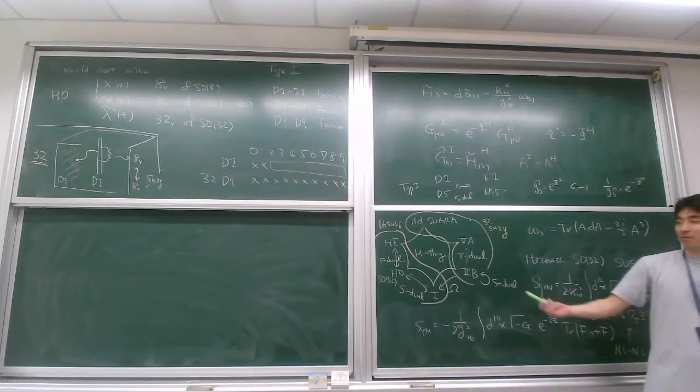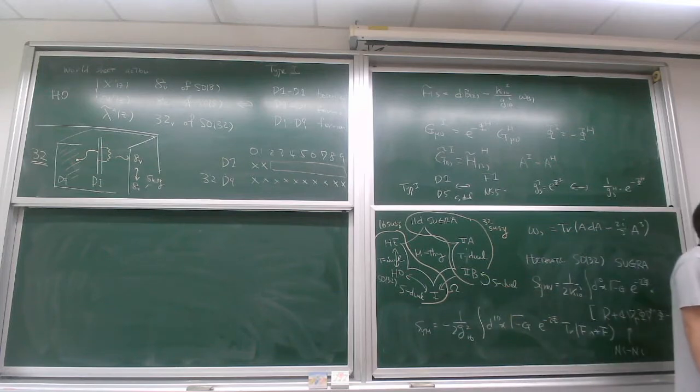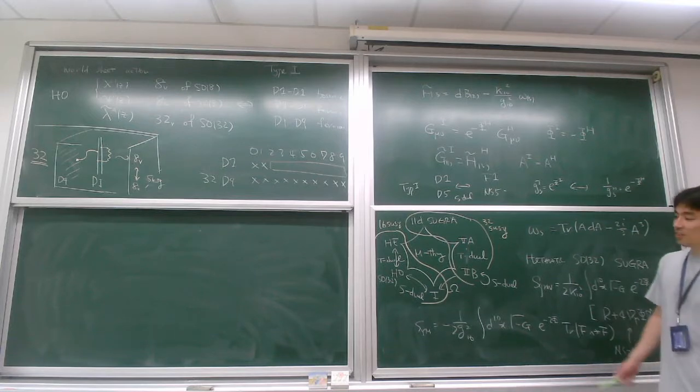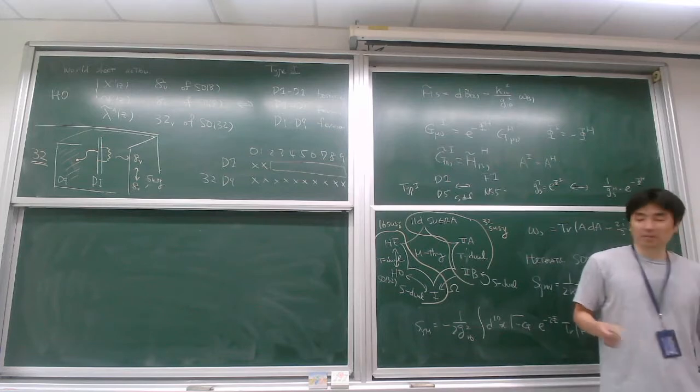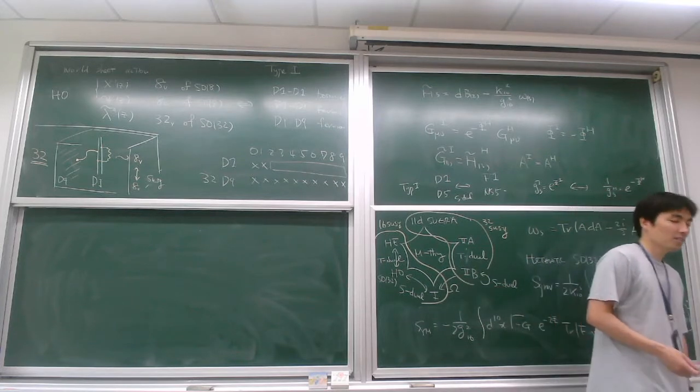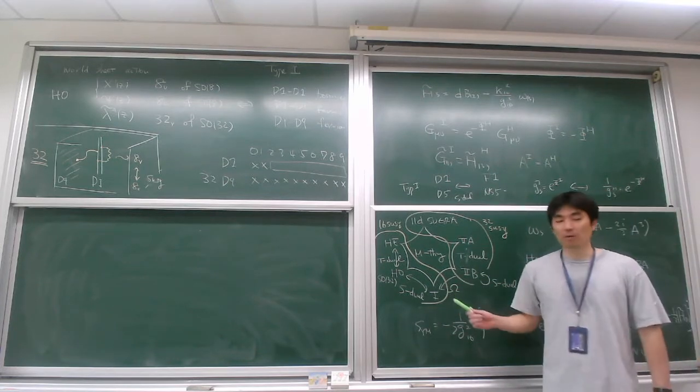What is the strong coupling limit of type 2B? Yeah, good. Itself. So it's S duality. So if you take the strong coupling limit of type 2B, it becomes itself. Okay. What is the strong coupling limit of type 1?